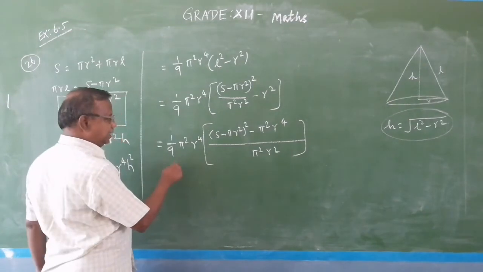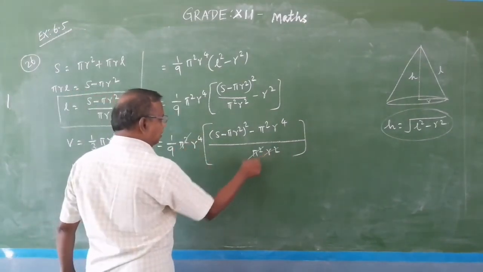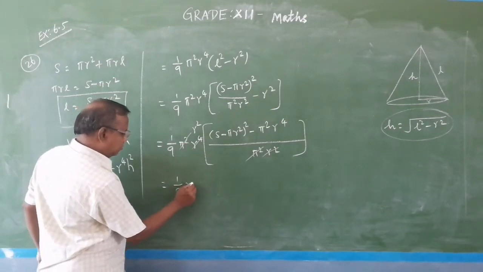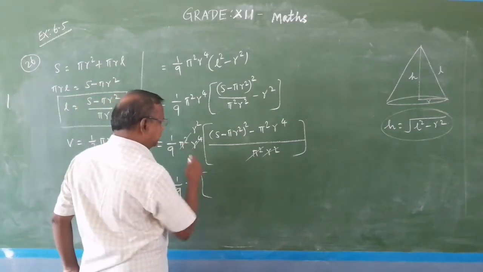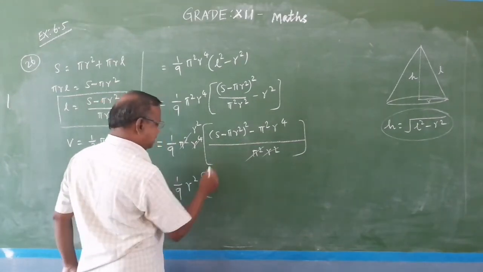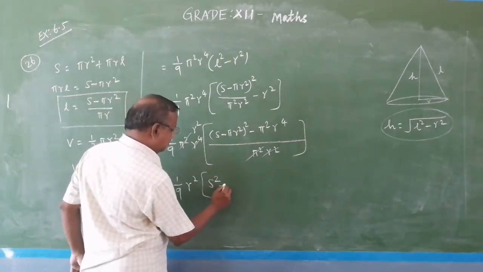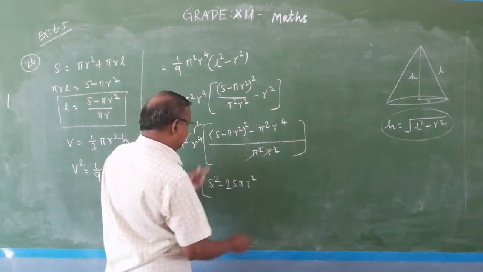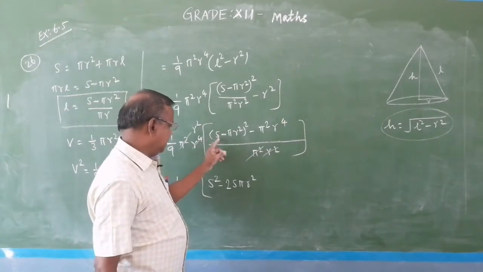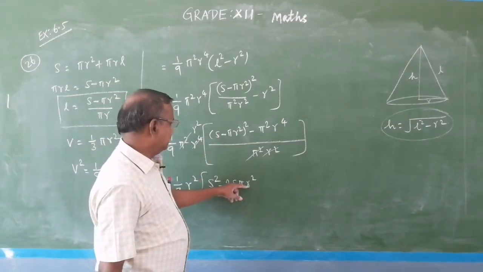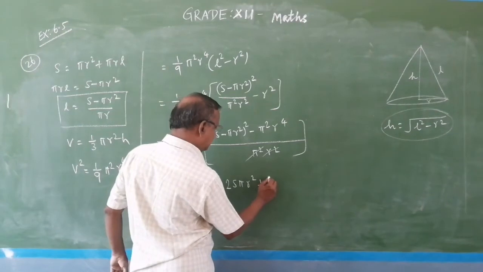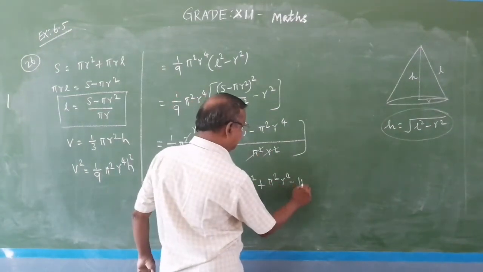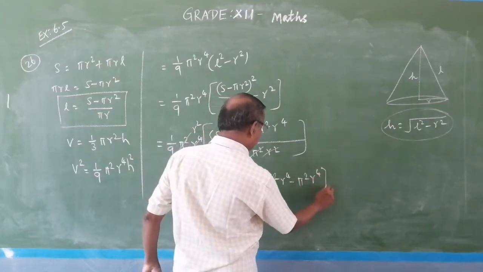Now eliminating pi square and r square, that is 1 by 9 r square into, expanding with a square minus 2ab plus b square: S square minus 2S pi r square plus pi square r power 4, and already here it is minus pi square r power 4.